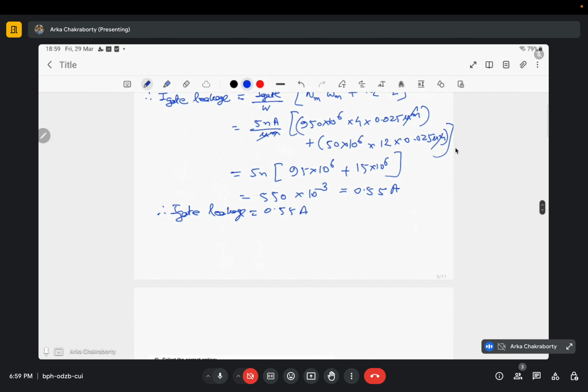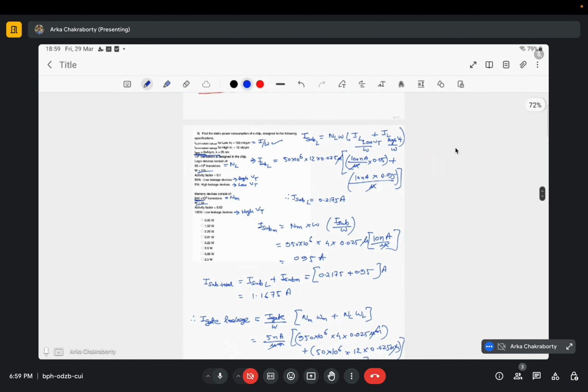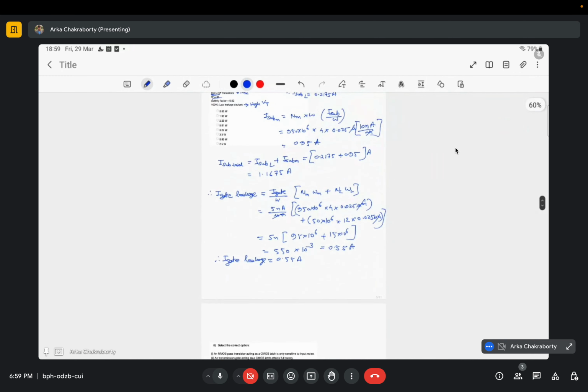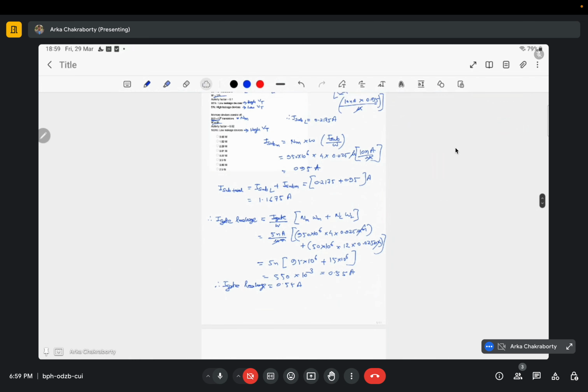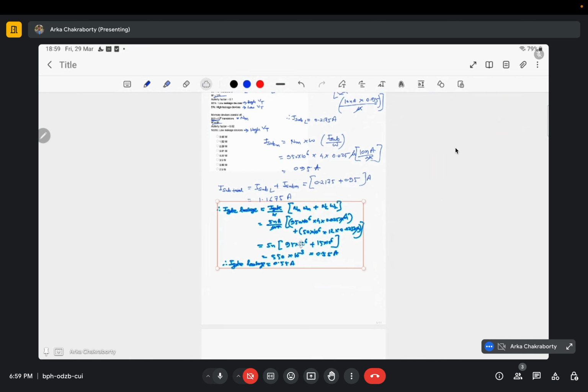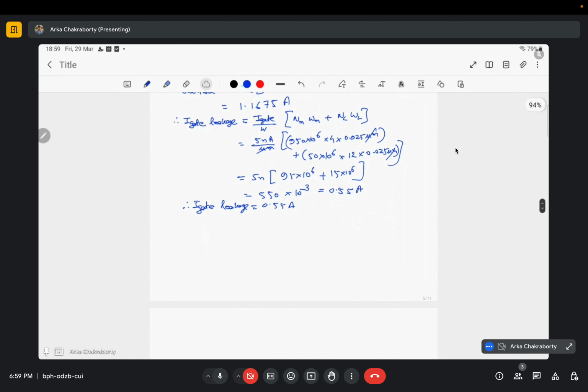Okay, now with the total threshold, I have to find the power dissipation, right? Total power consumption. Therefore the total power dissipation would be the subthreshold current plus the gate leakage current, divided by 2, into VDD.